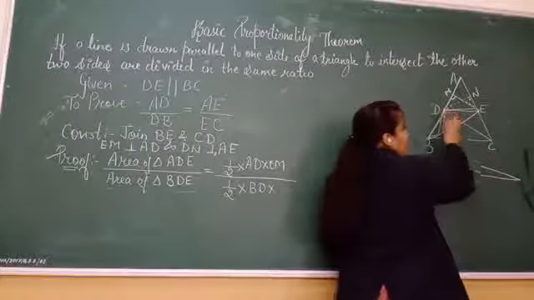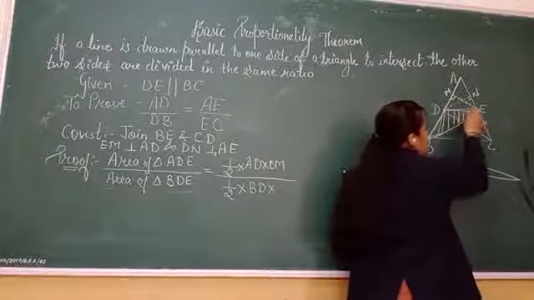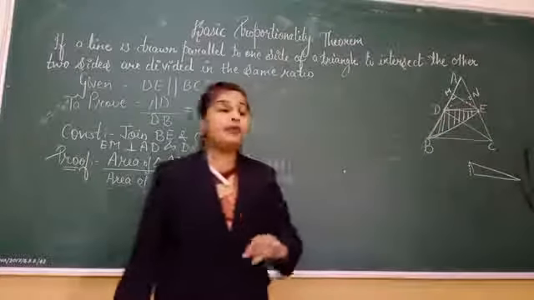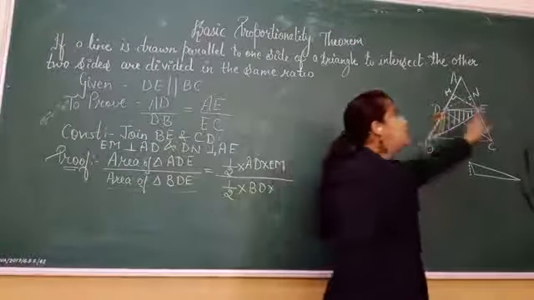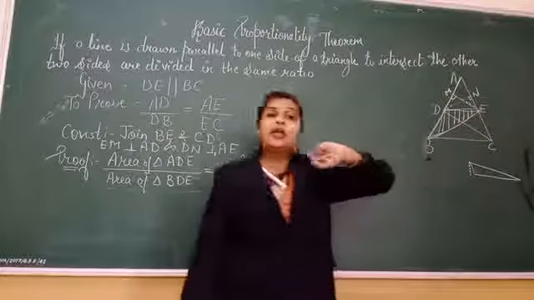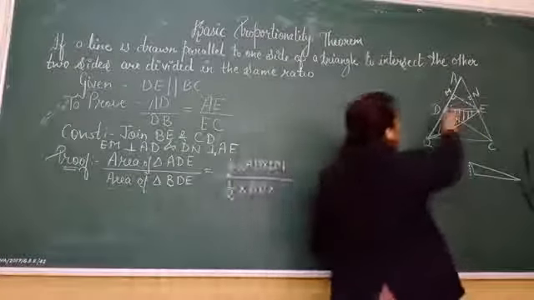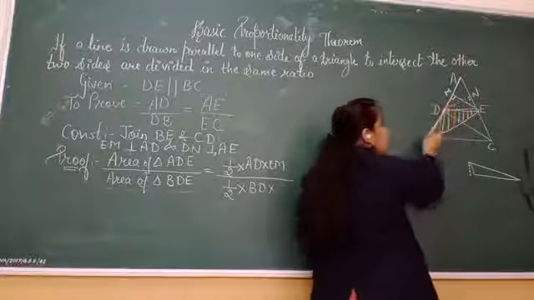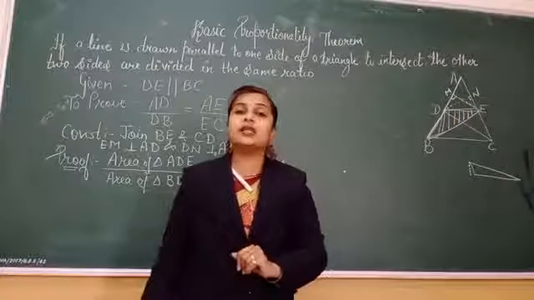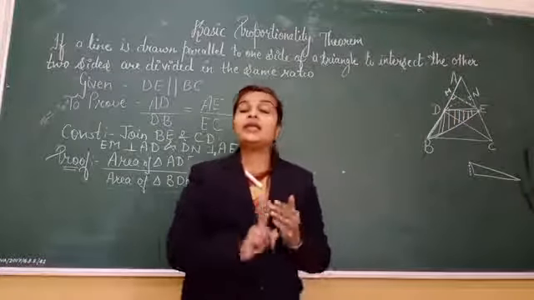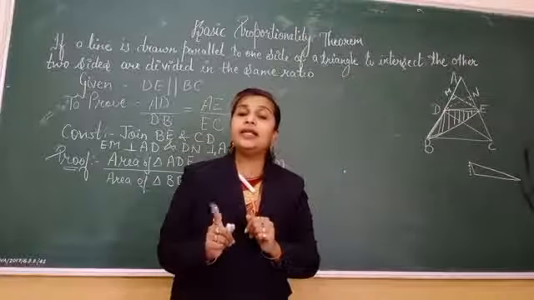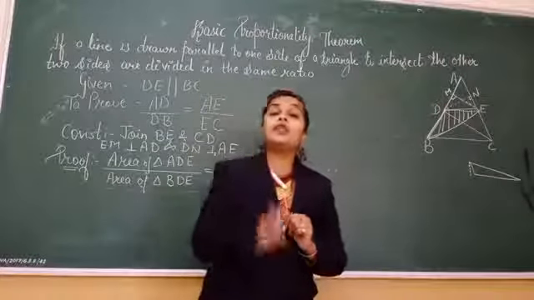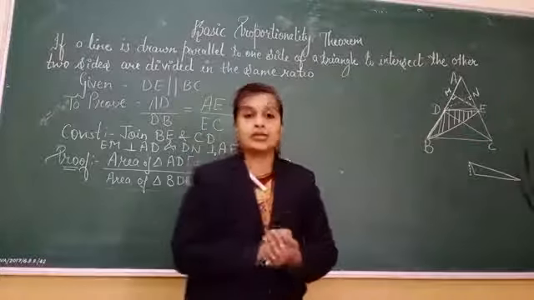In the same way, if we consider this triangle DBE, in this triangle, if we take the base as BD, then what will be the height? The height is a line which is perpendicular towards the base.